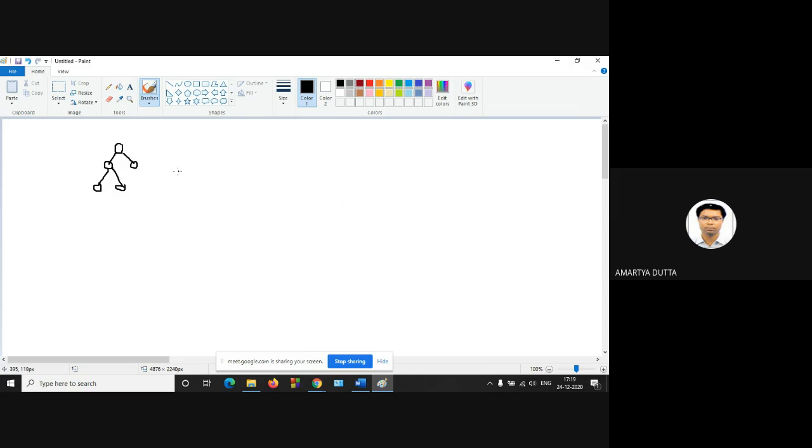Now, what is the height of the left branch?